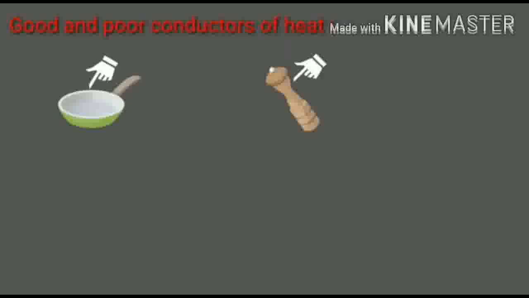First is good conductors and poor conductors of heat. Okay, students. On a winter morning, both the metals and wood have a lower temperature than our body, right? So, when you touch the metal and wood, the heat energy from our body flows into them. Now, the metal feels colder than the wood because the metal conducts heat energy from our hand much faster than the wood.